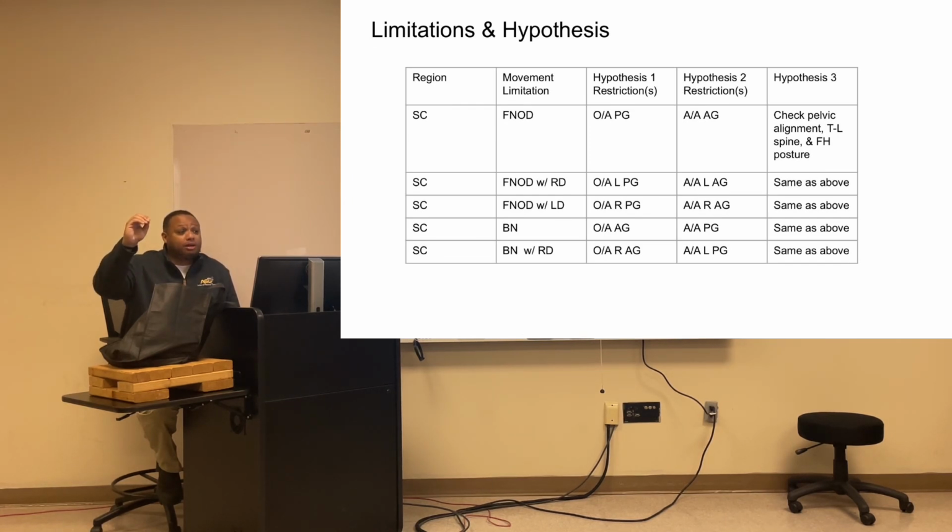Another word I could use is extension. But with the spine, I like to use forward bending, backwards bending, side bending right, side bending left. So I tend not to use extension in the spine. I tend to say backwards bending.